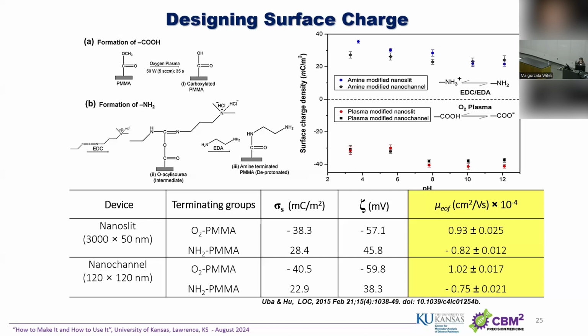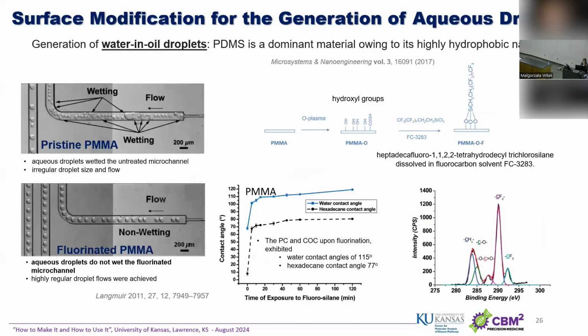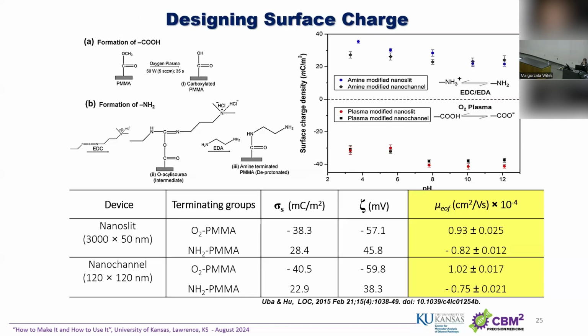It will affect the zeta potential. You will reverse the electroosmotic flow that you typically see in microfluidics, where the surface is negatively charged. So that's a very simple, elegant way of doing this.